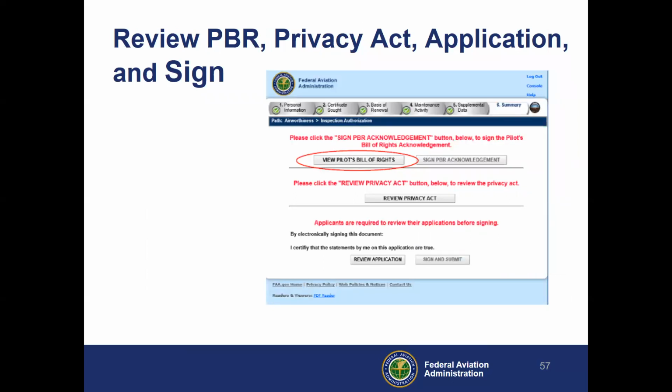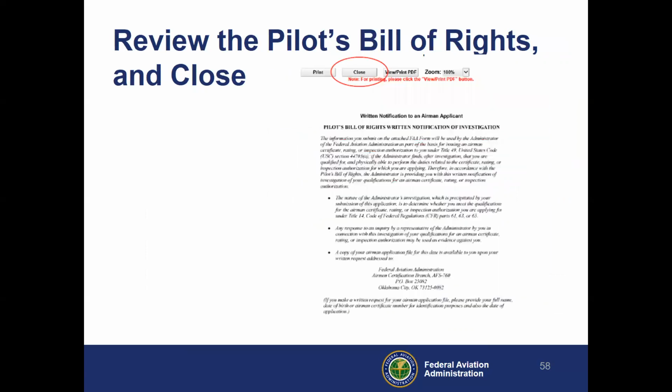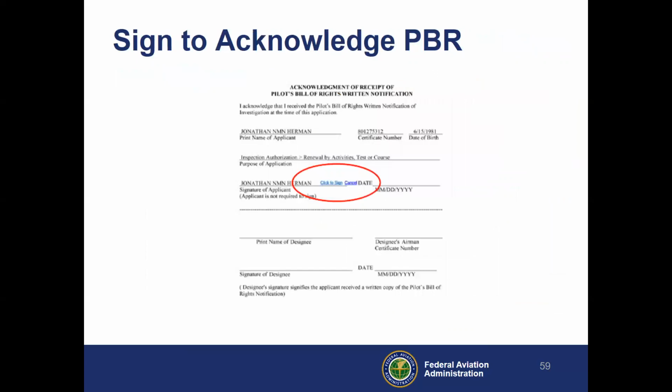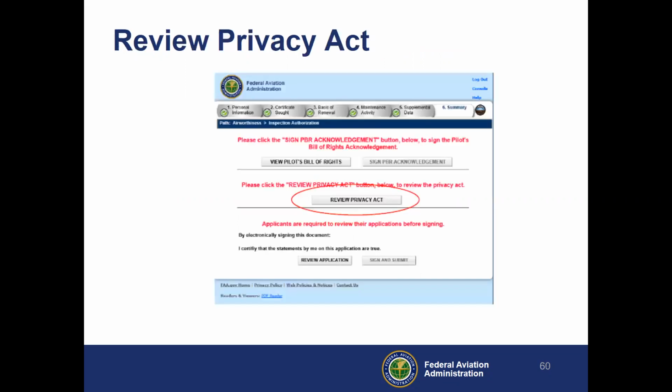Next, you're going to review the PBR, the Privacy Act, and review your application and sign it. After you look at the Pilot's Bill of Rights, you're going to click Close. And you do have to click the hyperlink to sign acknowledgement of the Pilot's Bill of Rights. Then you're going to review the Privacy Act.